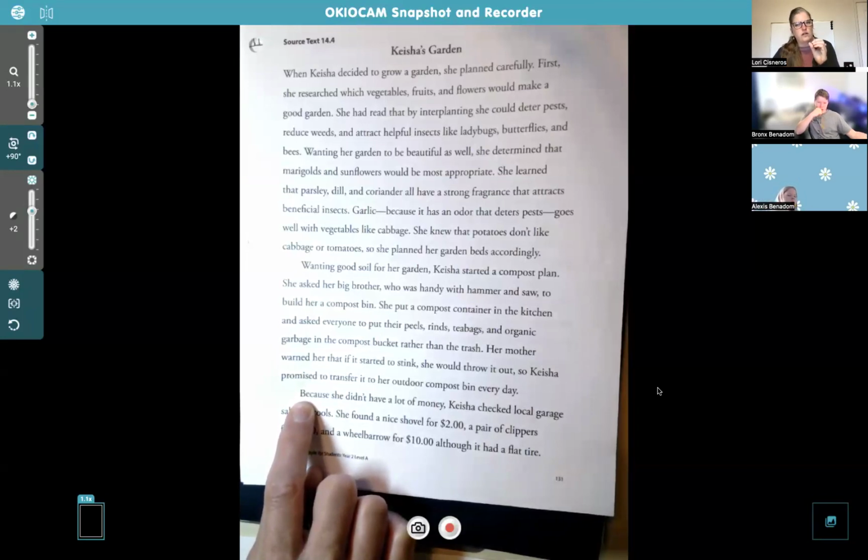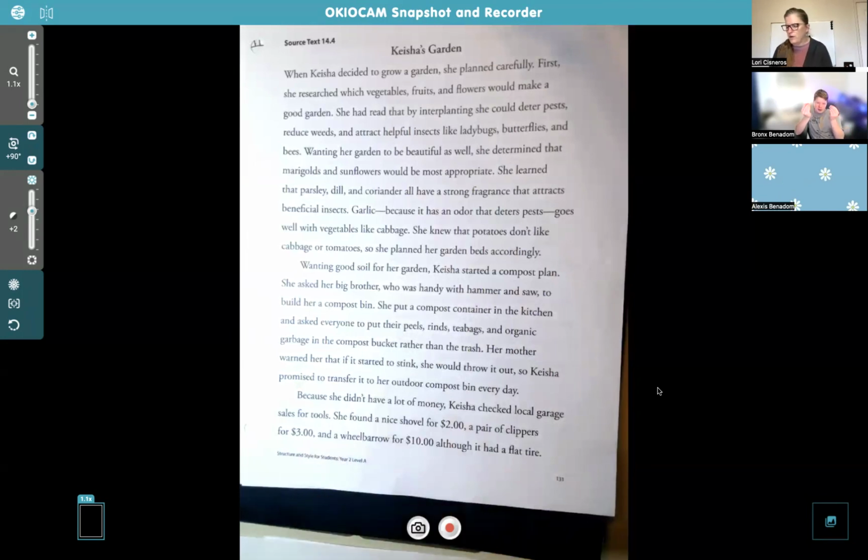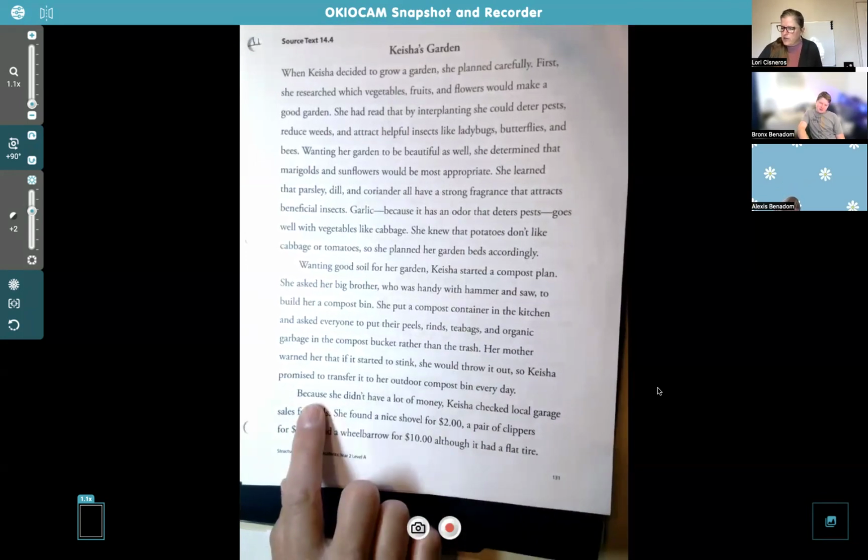Really focus on if there are any different tools this talks about or different information. Just looking at it, I see dollar signs. So that would be something good to mention in your outline in your paper, about how much things cost, right? Okay, so I'm going to read it. Alexis, this is for you. So you focus on underlining information here.